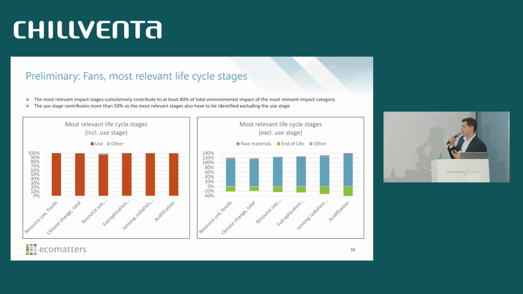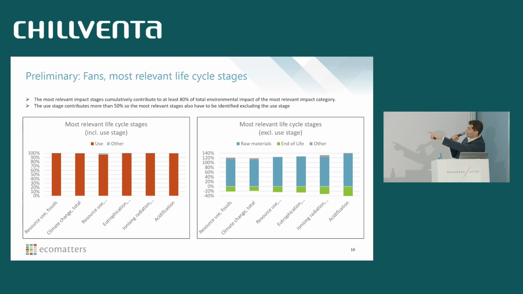And then as a second step in the interpretation, under PEF, you are going to determine for each of these most relevant impact categories, shown in the bottom, how much of the contribution is coming from the different life cycle stages. So from raw materials, from use, from distribution, etc. The most relevant life cycle stages make up at least 80% of the environmental impact in this category.